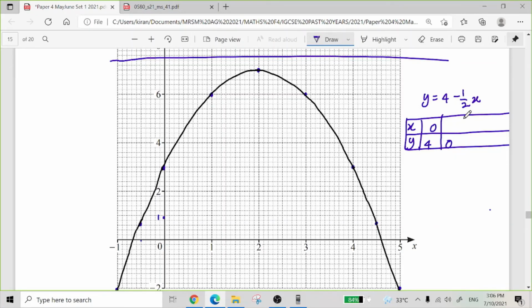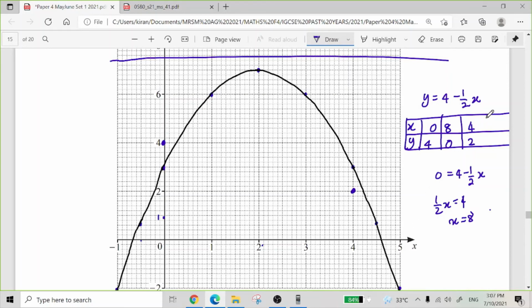And when y equal to 0, 1 over 2x equal to 4, so x will be 8. Once you have one or two like this, it's enough. Then choose x equal to 4, so 4 minus 2, you get 2 here. 4 and 2, that is the line.